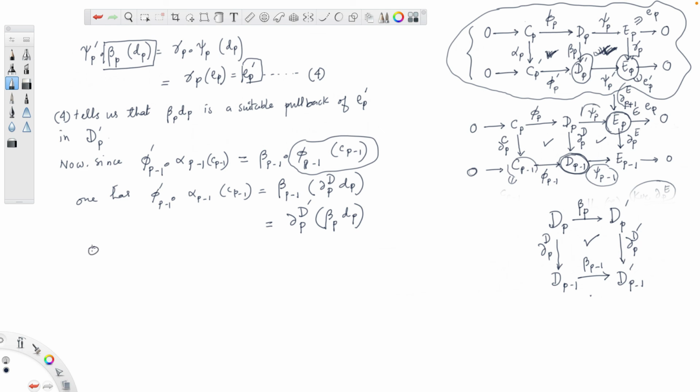Now, how does this map work? Phi prime_{p-1} takes C prime_{p-1} to D prime_{p-1}.